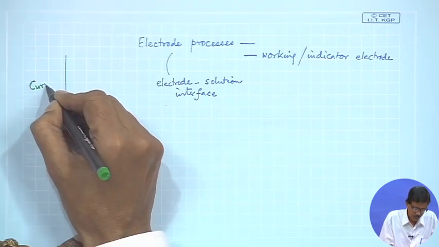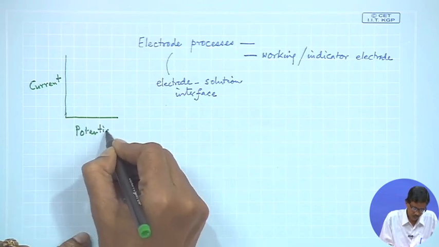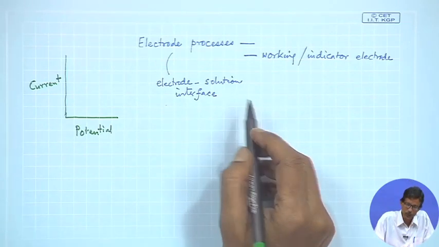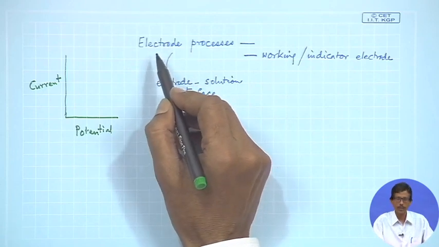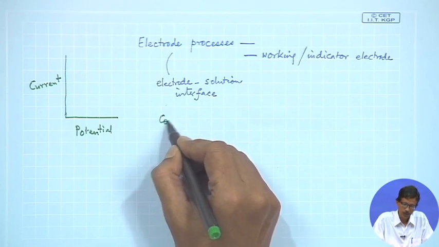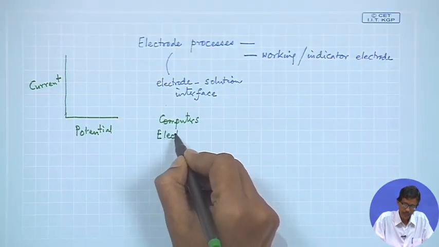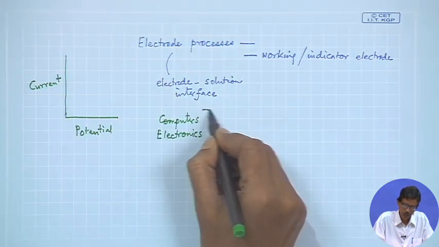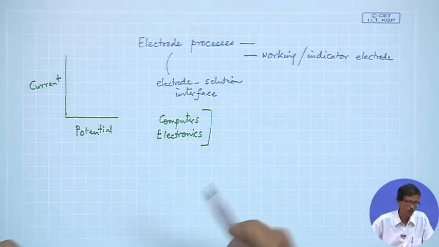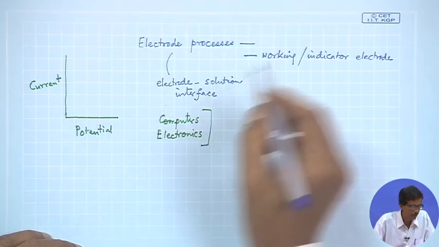So, we have the current on one axis and potential on the other, and the typical development we have achieved so far is due to not only the modification of these different electrode types, but also the advent of a new generation of computers and the related electronics, which are very important to improve these particular types of electrode processes, and we can have different variations, but the most basic one we are looking for is the potential measurement.